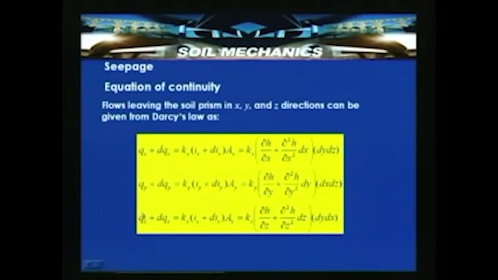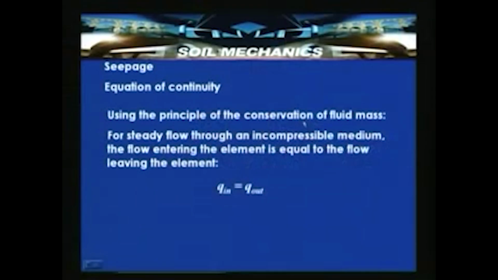So, now what we have got is that by using Darcy's law, flows entering the element and flows leaving the element. Now, by using the principle of conservation of mass, let us try to derive the equation of continuity. Here, using the principle of conservation of fluid mass, for steady flow through an incompressible medium, the assumption is that the medium is incompressible.